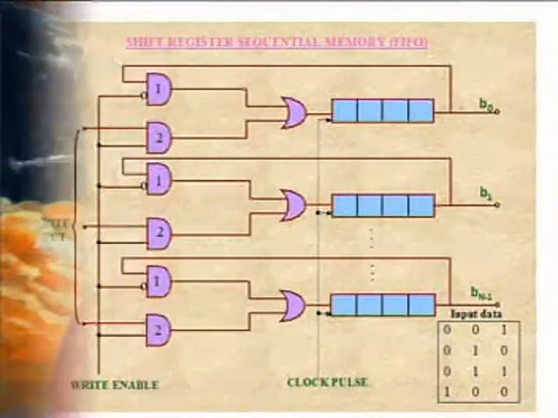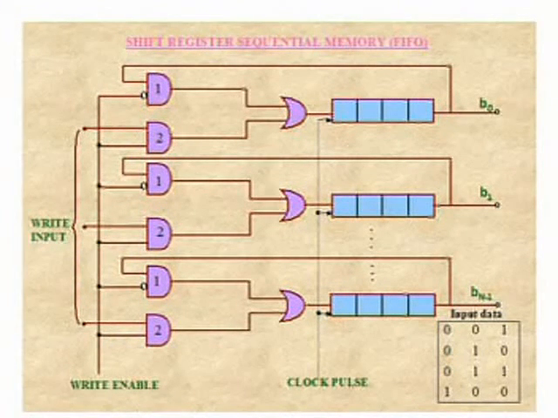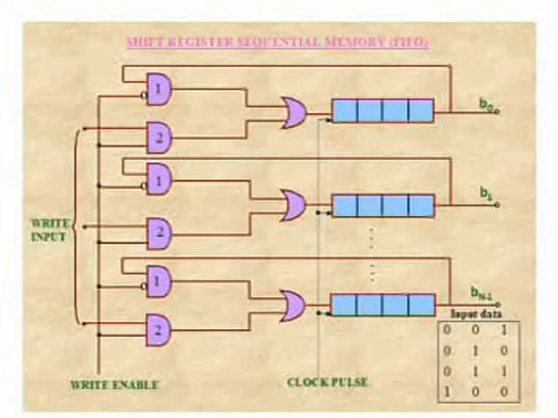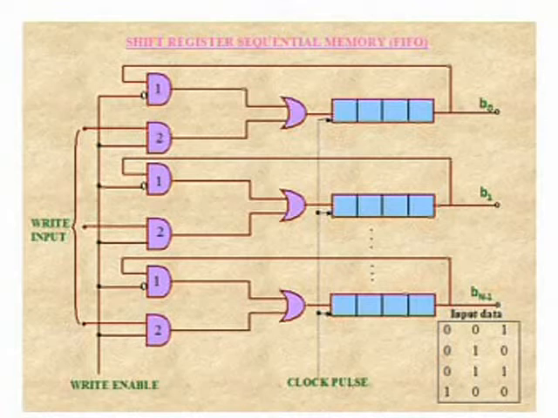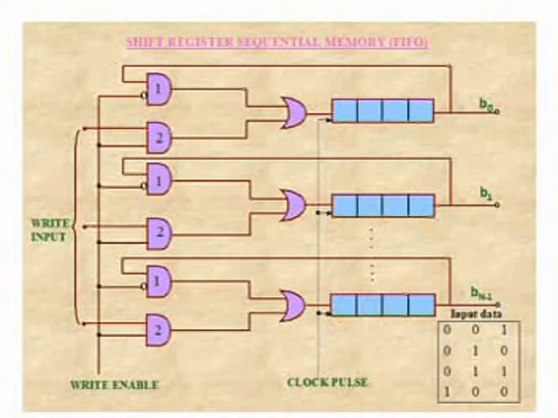For example, now let us consider the data 001, 010, 011, 100. First, I am going to enter the data 001. While entering the data 001, the second gates are enabled. Depending on the inputs, if the input is 0, the output of the AND gate is 0.